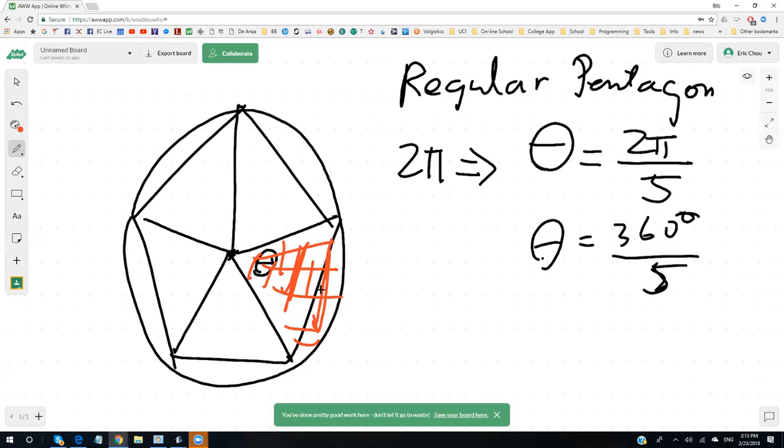It's 1/2 r squared theta. So if you know this r, it will be 1/2 r squared theta, right? Now, if I'm not really happy, I give you the side, I don't give you r.